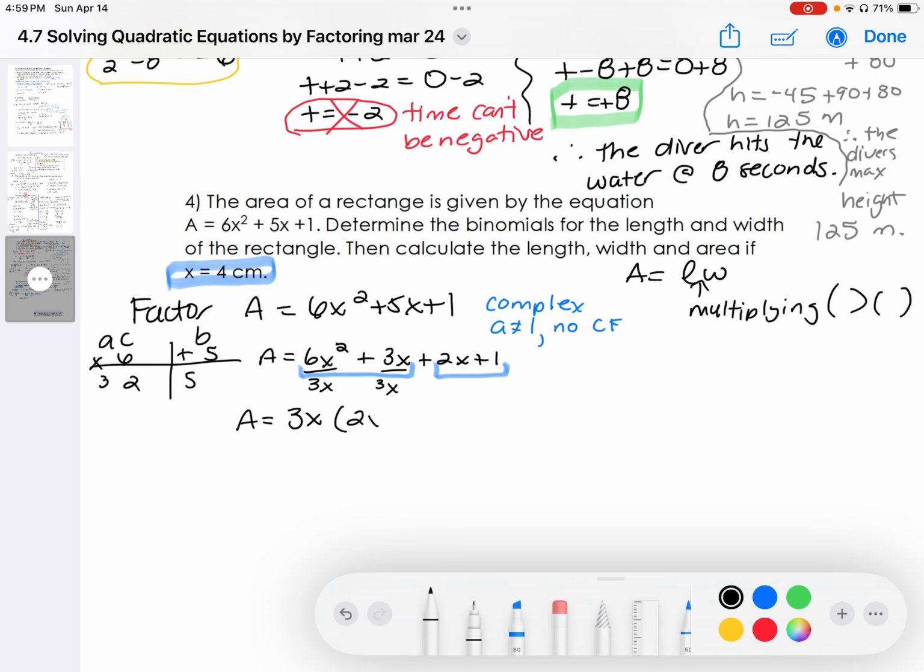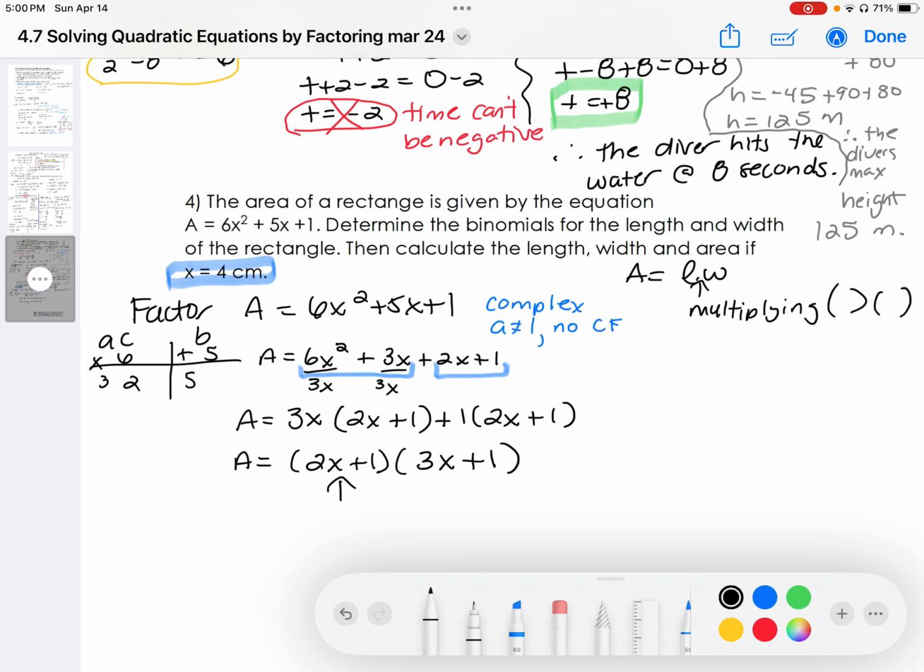And I'm left with 2x plus 1. And then remember when you already have what's inside the brackets, so the next two terms are 2x plus 1, that means that we're going to common factor out a plus 1 so that our two brackets are 2x plus 1, 3x plus 1.